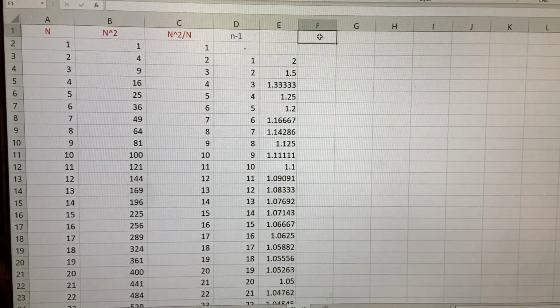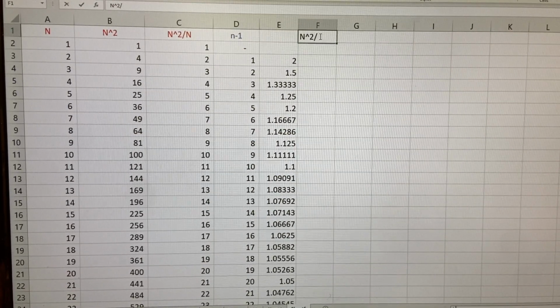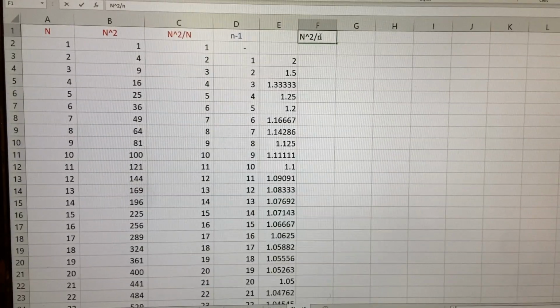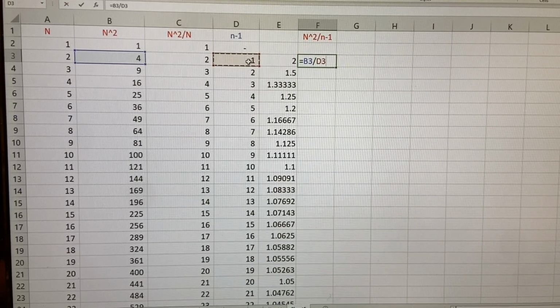So it's going to be n squared, and it will be divided by n minus 1. So that's what I'm going to put here in the formula version. So n squared, this number will be divided by n minus 1, which is in this column there.